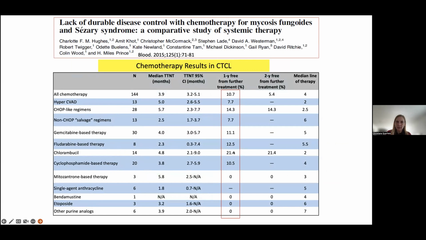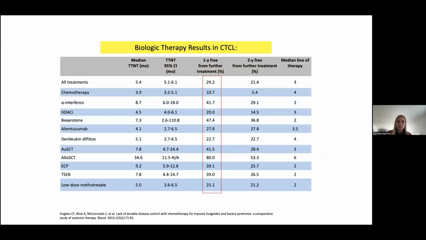The results show that there are no long-lasting responses achieved with those chemotherapies, and patients subsequently really need another treatment option. In contrast, when you compare certain immune therapies which we had developed at that time, interferon, for example, has the longest response rate, followed by HDAC inhibitors, and then bexarotene, as well as transplant and photopheresis.